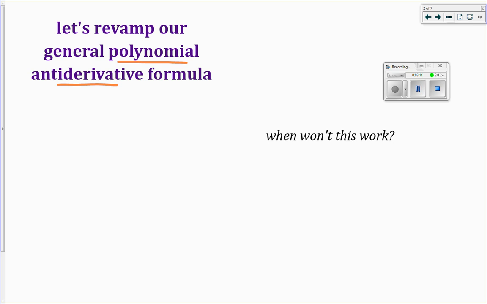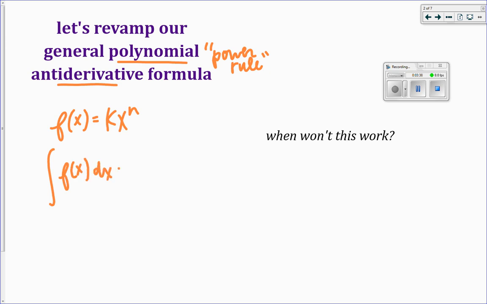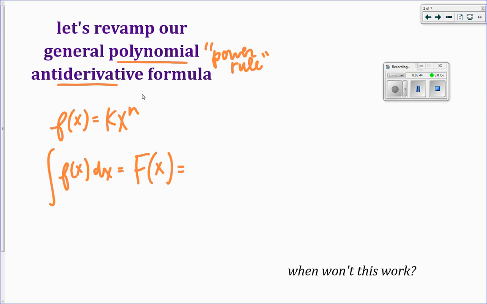Let's then use this to revamp a little bit our polynomial antiderivative formula, what we talked about the other day, our power rule for antiderivatives. So we had said, if f of x is equal to k, some coefficient, times x to the nth power, then the antiderivative of this function, we are going to call capital F of x, is x to the n plus 1 all over n plus 1.